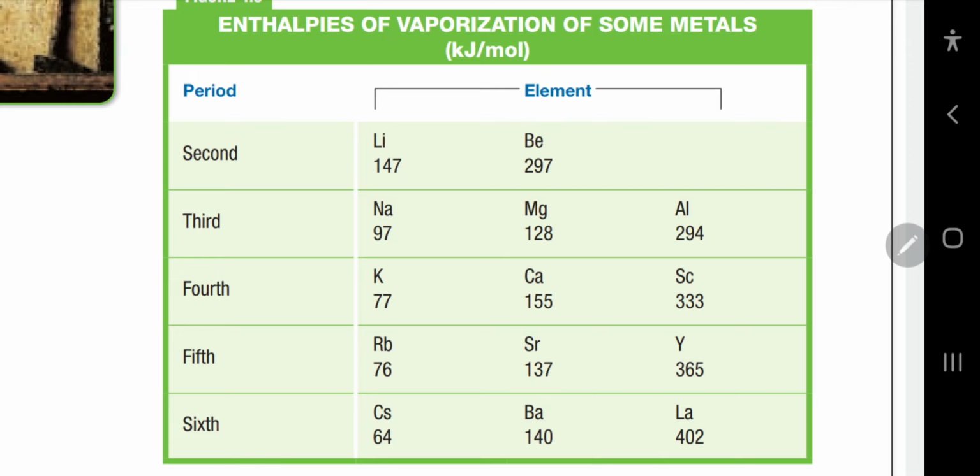bond will increase. For example, you can see lithium with one valence electron. The enthalpy of vaporization is 147 kilojoules per mole, while beryllium, which contains two valence electrons, the heat of vaporization or enthalpy of vaporization is 297. If you go, for example, to the fourth period, potassium, which also has one valence electron, 77 kilojoules.